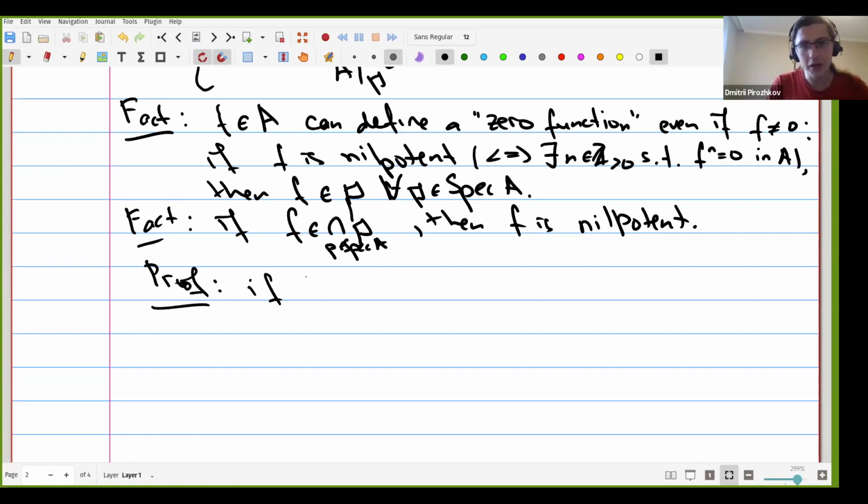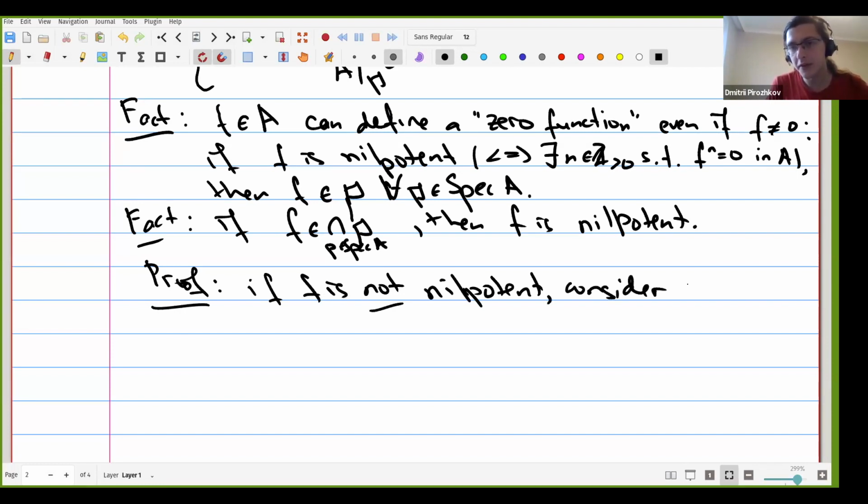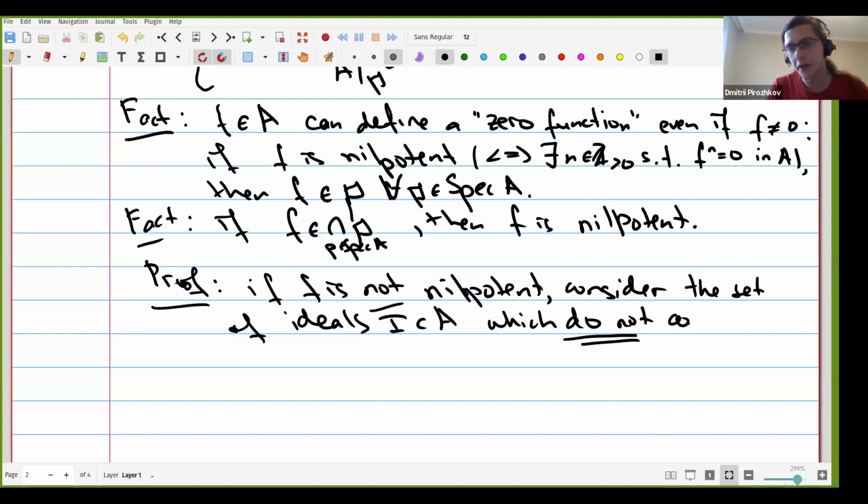If f is not nilpotent, consider the set of all ideals I in the ring which do not contain any power of f.